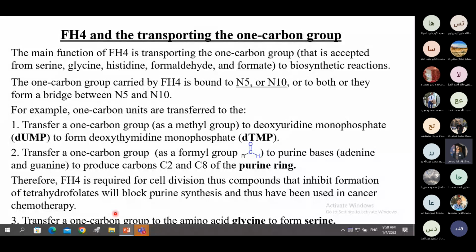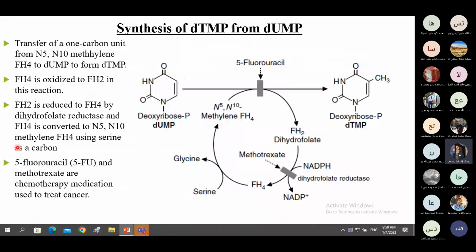The next slide is about number 1 and number 2. To clarify, this slide is very important. See here, and pay attention with me here. Deoxyuridine monophosphate, dUMP, the one that we studied just now, is converted to deoxythymidine monophosphate, as we said, via the FH4.